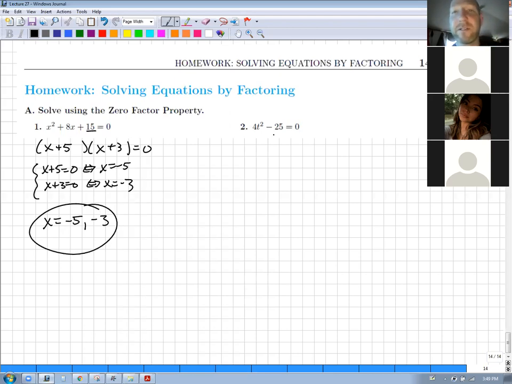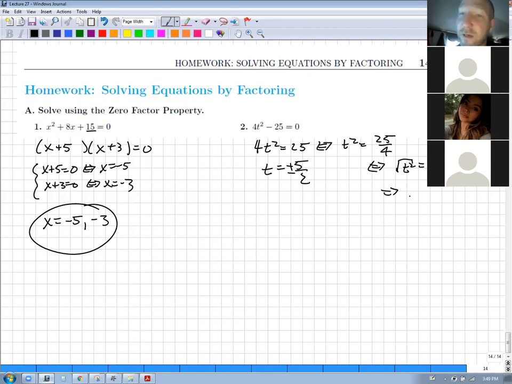So over here, let's see, we'd have 4t squared is 25. So t here would be 5 halves with a plus or a minus. If you're showing all your work, you go t squared equals 25 over 4. Square root of t squared equals 25 over 4 square rooted.